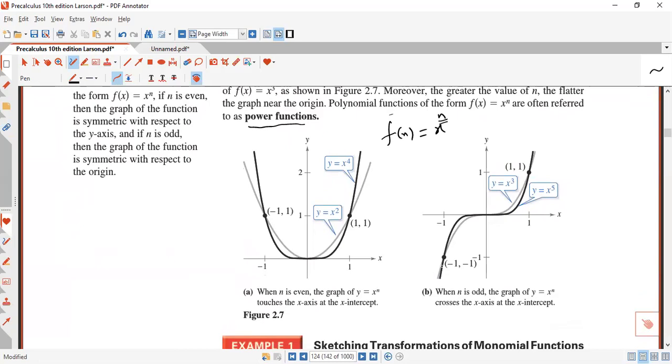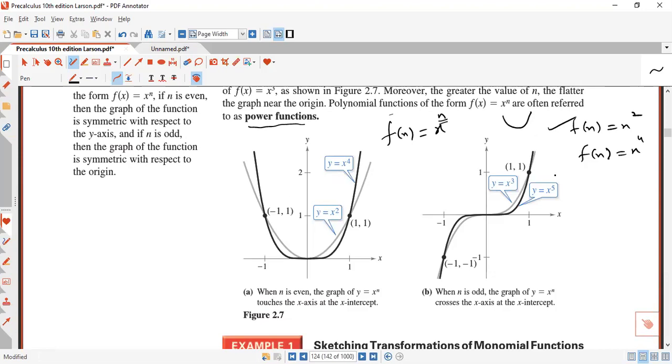So let us compare the graph of a quadratic function for even, or the graph of x to the power 4. In a quadratic equation, as you know, the graph will be a parabola, either upward or downward.